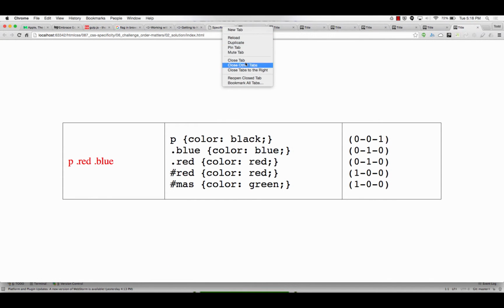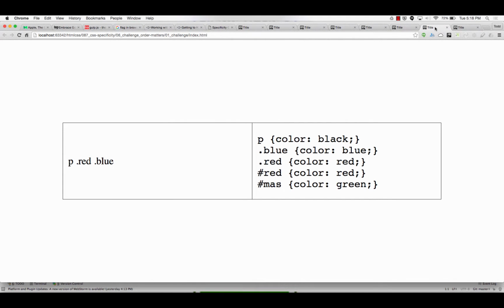No. Okay, in the book it says it starts from the right. It should be blue, you're saying? Well, blue and red both have the same specificity. They're both a class, right?